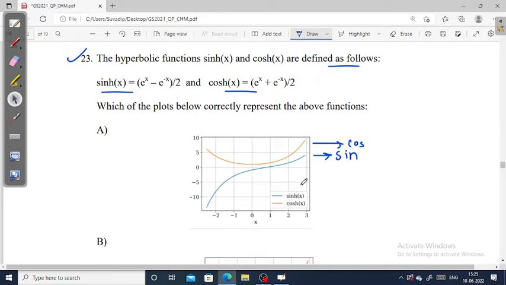At x equals 0, we can see that neither the blue nor the orange line touches the 0 point. So at x equals 0, the sine function here is not 0. This is why option A is wrong. So let's see the other options also.